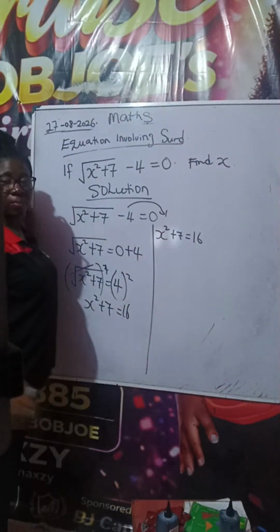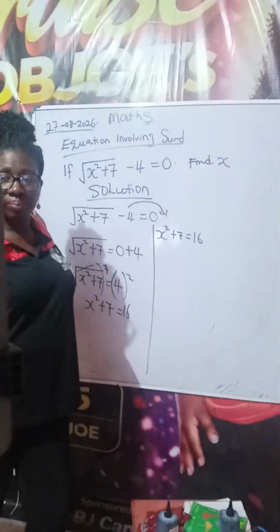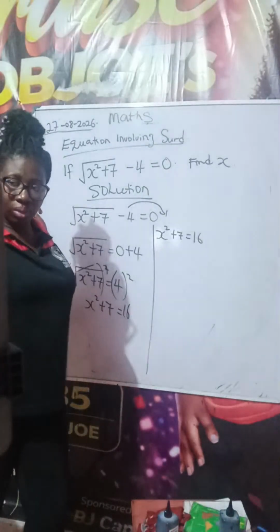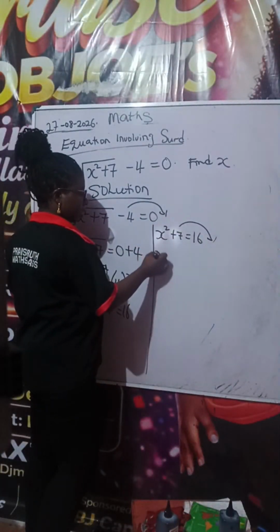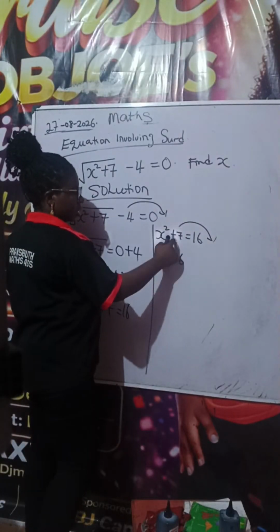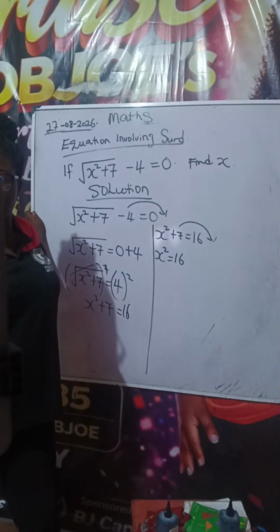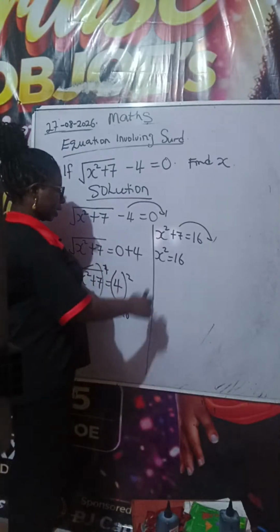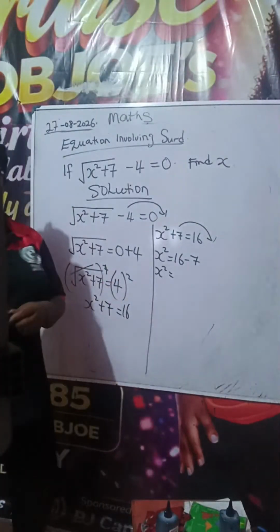Then what are we going to do next? Now all we need to do is move the 7 to the right, so we have s squared equals 16 minus 7. If the 7 moves to the right, will it be plus or minus? That will give us minus, correct? So 16 minus 7, what do we have?